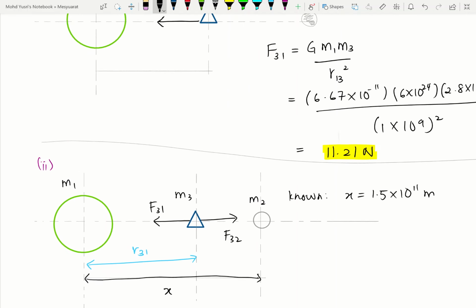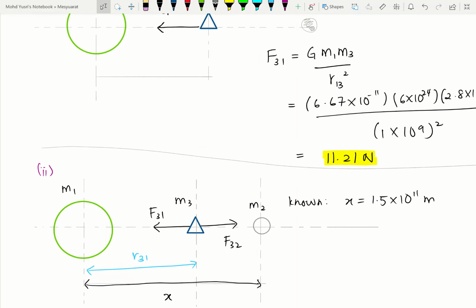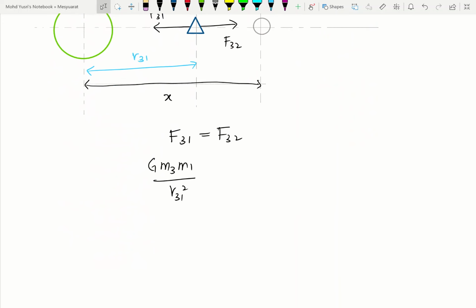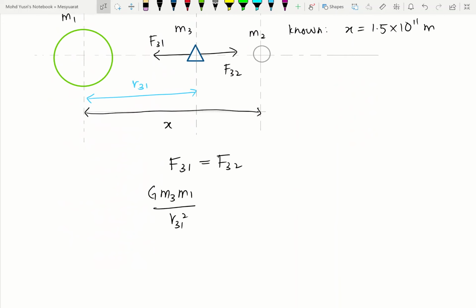Jangan pula pandai-pandai ambil 1 eksponen 9 masuk dalam equation. Okay, untuk tak nak mengelirukan, R31 ini adalah R31 yang berbeza. So saya letakkan simbol prime kat situ nak menunjukkan bukan sama dengan soalan nombor 1. So, that is equal to G M3 M2 over R32 square.